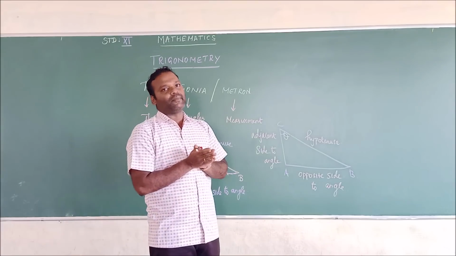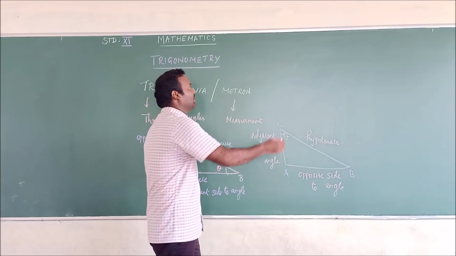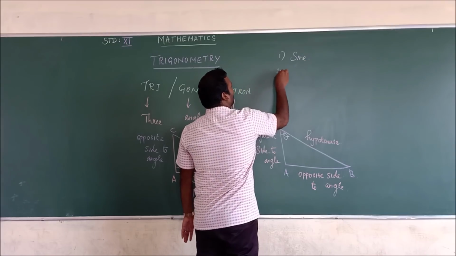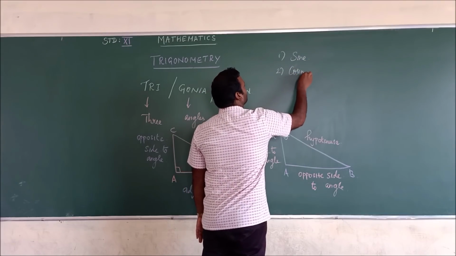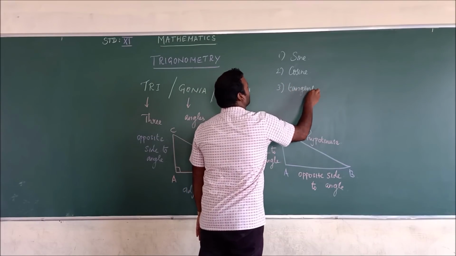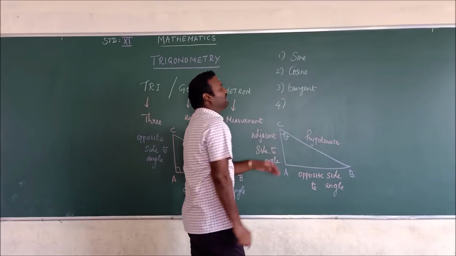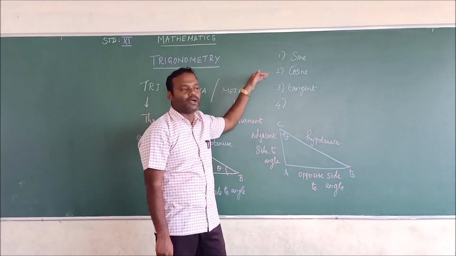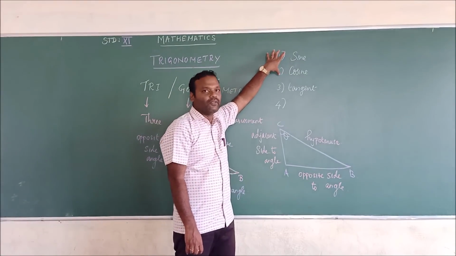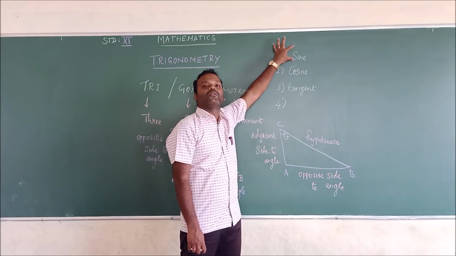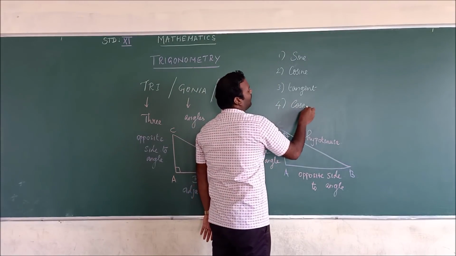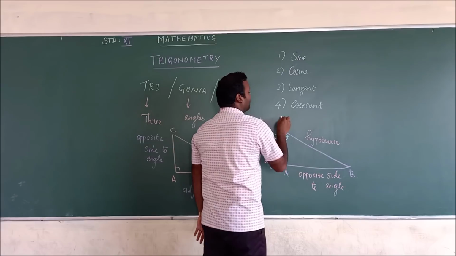The trigonometric functions are: first one the sine function, second one the cosine function, third one the tangent function. These three are preliminary functions. Now I am going to write the reciprocal trigonometric functions for them. The reciprocal for sine is cosecant.